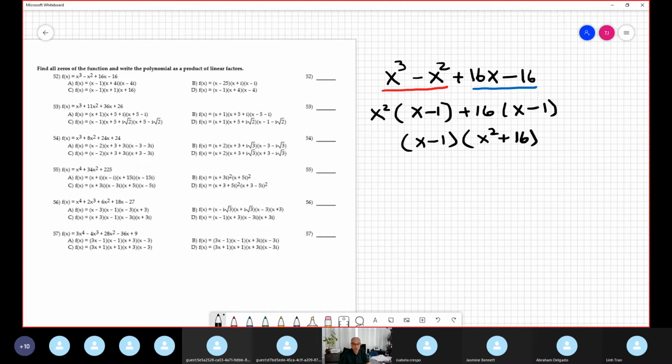Now at this moment, everyone realizes that it is an irreducible quadratic. If you are working in the factorization of the real field, you stop. However, this says find all zeros of the function and write the polynomial as a product of linear factors. That means I want no irreducible quadratic. Quadratic is degree 2, linear is degree 1.